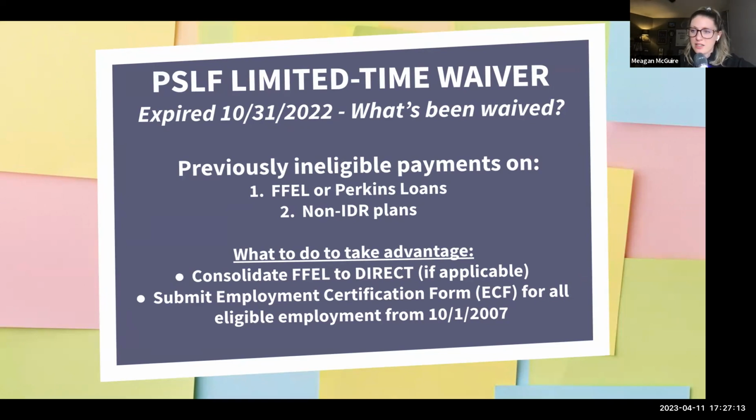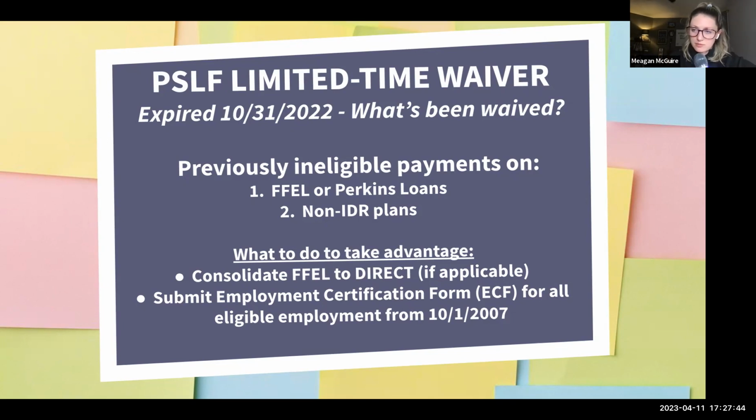So if there's anything that you need to go back and claim credit for that maybe you missed in the past, or you have to fix something, you could still do it because of this IDR waiver that I'm going to talk about next. And the action items would just be, we have to consolidate those FFEL or the Perkins loans into direct loans, and or we have to submit an employment certification form for all eligible employment since October 1st, 2007.